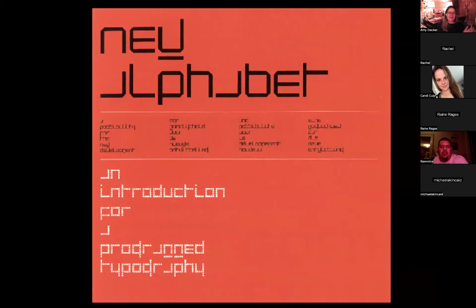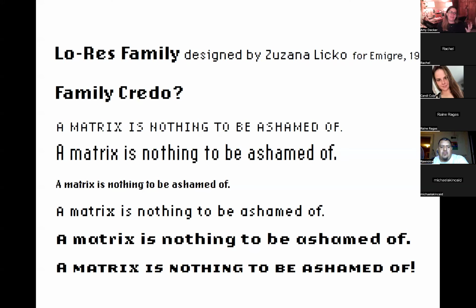But here's an example of someone who's like, okay, we're not going to get rid of the diagonals. This is Susanna Licko for Emigre Type Foundry in 1985, who came up with the Lo-Res family. So here's her solution to dealing with bitmap, non-PostScript type.